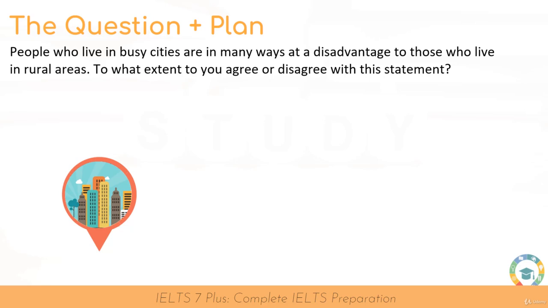If you think back to our structure master sheet that told you the paragraphs for each question type, in an agree or disagree essay, of course, you've got your introduction paragraph and your 2 supporting paragraphs with a conclusion. The supporting paragraphs, paragraph 1 will be to agree or disagree.